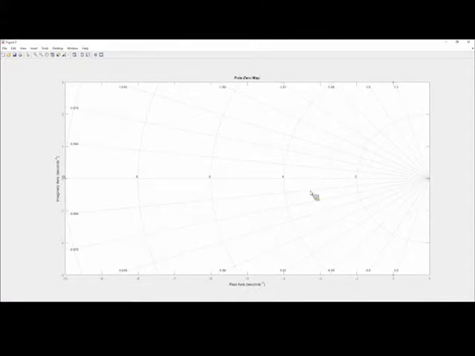But if all of them cancel each other out, then you have just the gain of the system. It has no dynamics. The dynamics are given by the poles and zeros. If they're all canceled out, it essentially has no dynamics to it.